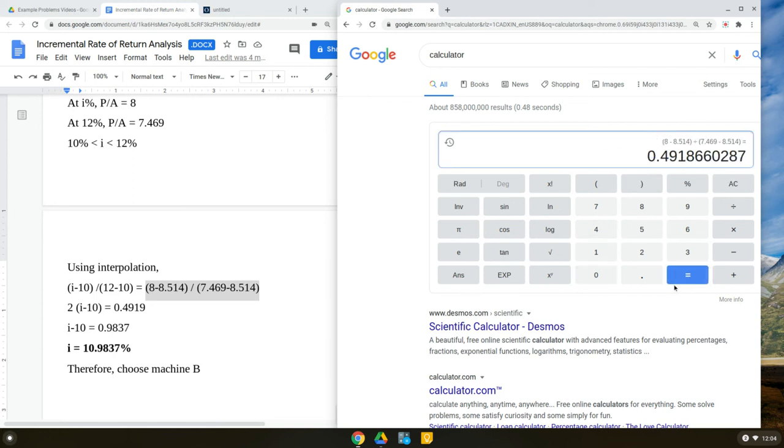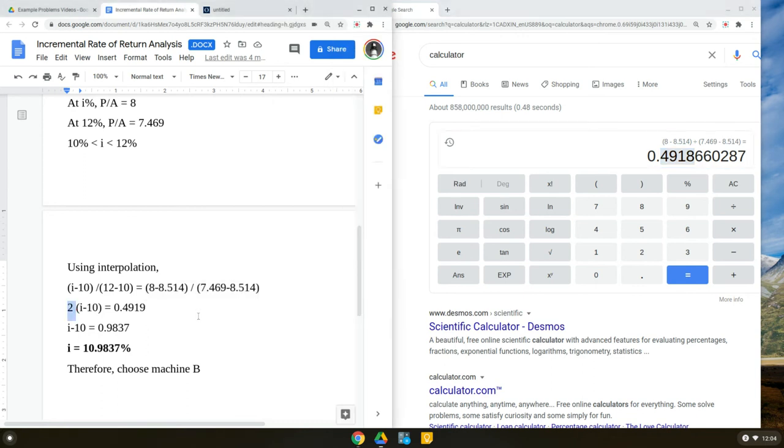So that's going to give us this 0.4919 if we short form it, and this should be actually I minus 10 divided by 12 minus 10, which is 2.